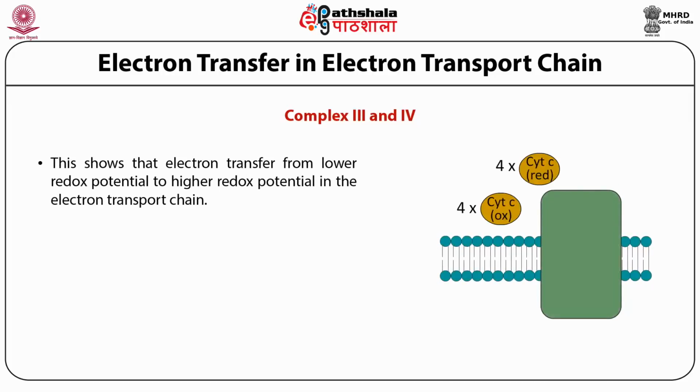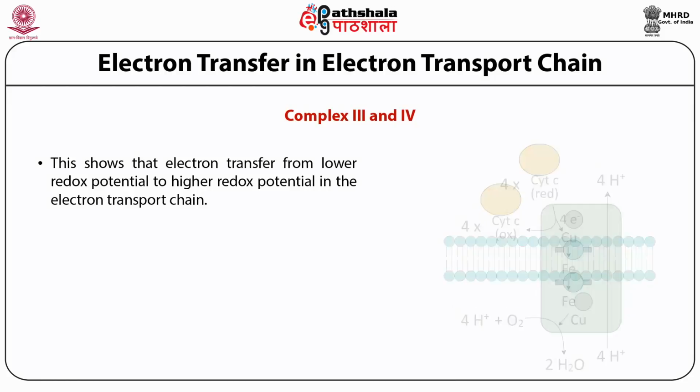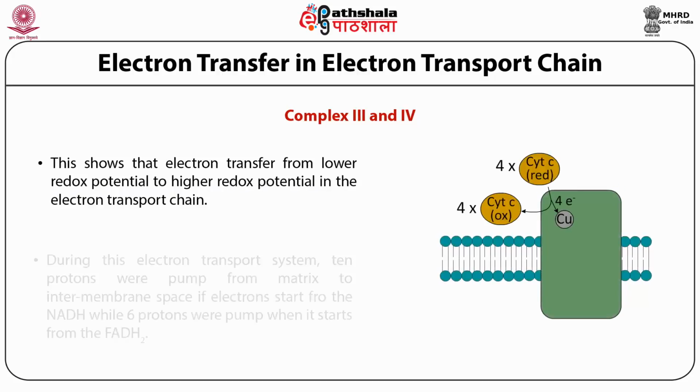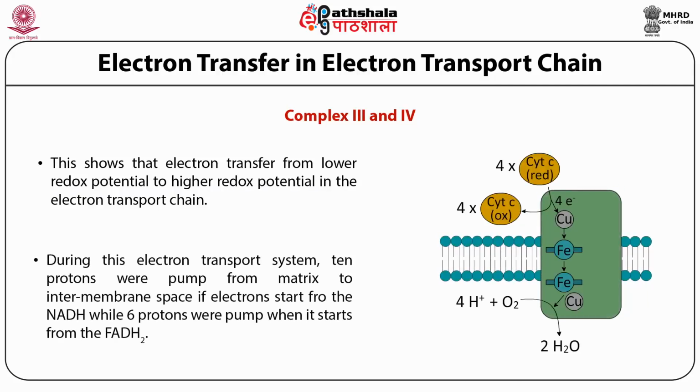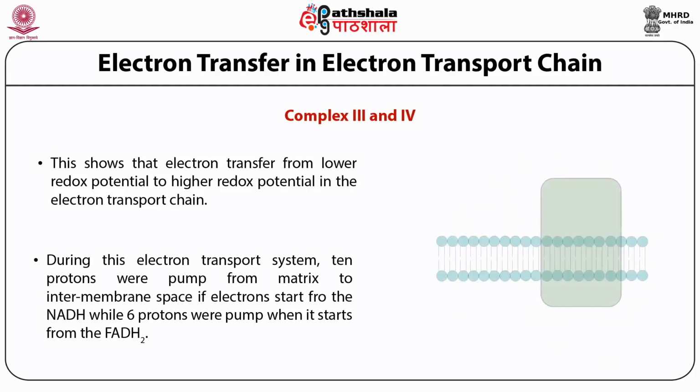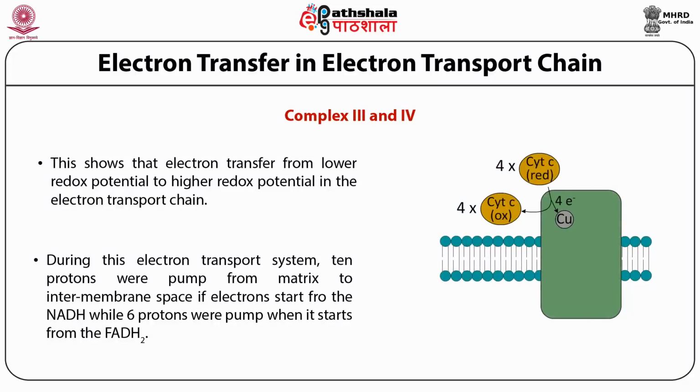This shows that electron transfer from lower reduction potential to higher reduction potential takes place in the electron transport chain, and during this electron transport system 10 protons are pumped from the first, third and fourth complexes when we start electron transfer from NADH, or 6 protons are pumped when we start from FADH2 or succinate.